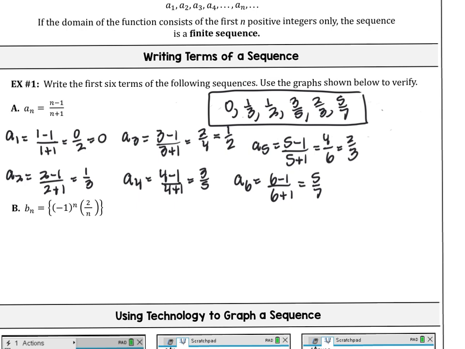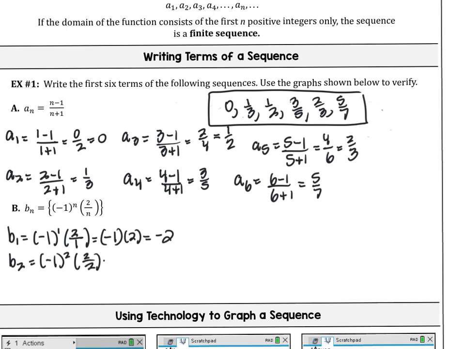So the first term here, b sub 1, would be -1 to the first power over 2 times 1, which would be -1 times 2, which is -2. Second term, this would be -1 squared over 2 times 2, which is +1 times +1, which is 1.